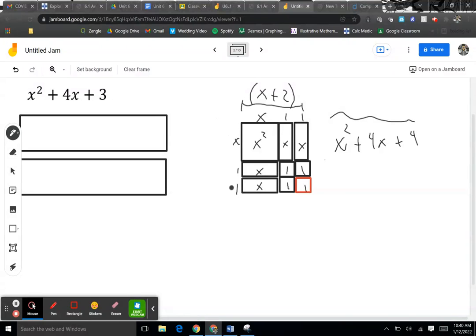And then this same length right here, since it's a square, is the same thing. This is x plus 2. Those are like parentheses, just the other way around. So this expression, x squared plus 4x plus 4, is also the same thing as (x plus 2) times (x plus 2), which is just (x plus 2) squared.